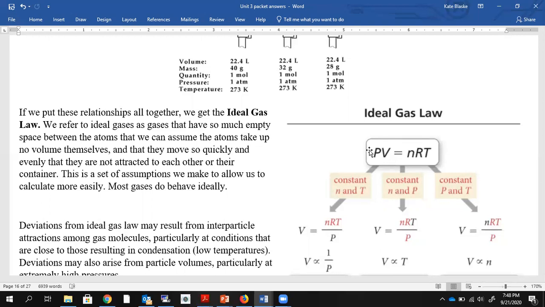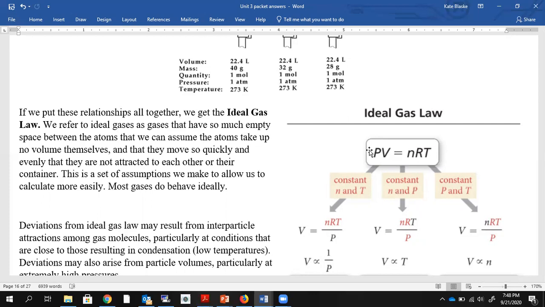And we make the assumption that they're moving so quickly that they are not attracted to each other or attracted to their container, that there's no intermolecular forces going on there. Again, not a perfect assumption, but pretty good for most situations and most gases.